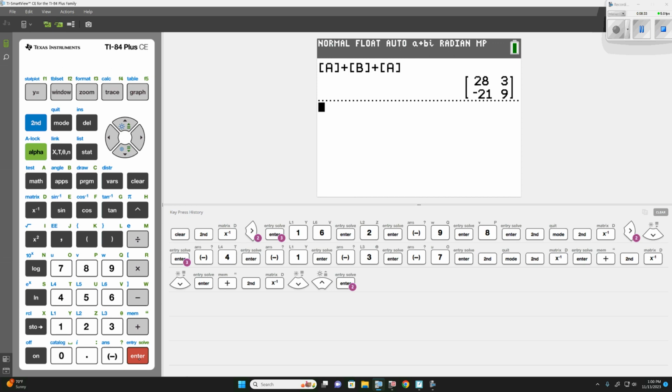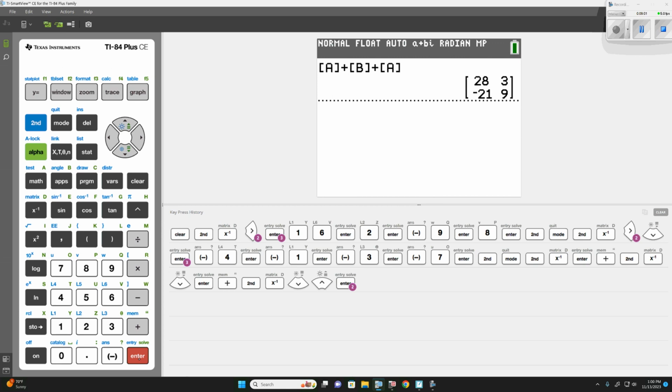Second quit. Second matrix. Enter. Plus. Second matrix. And we'll go down to B. Plus. Second matrix. Okay. Second quit. Second matrix, because you need to put the second one in. Over to edit.